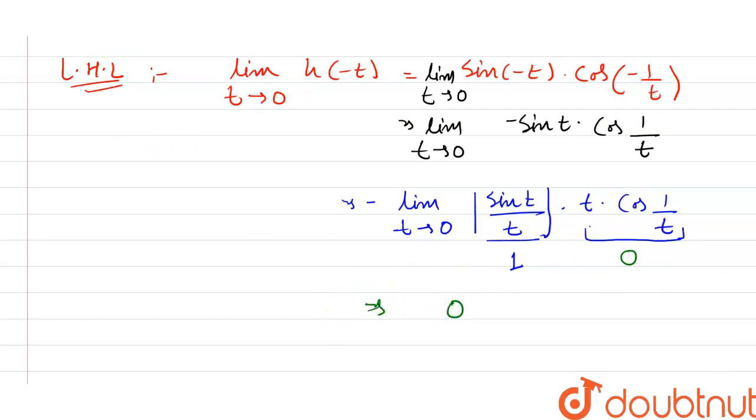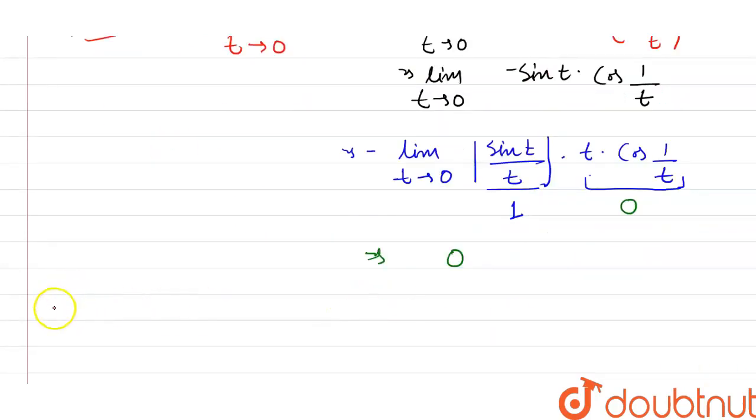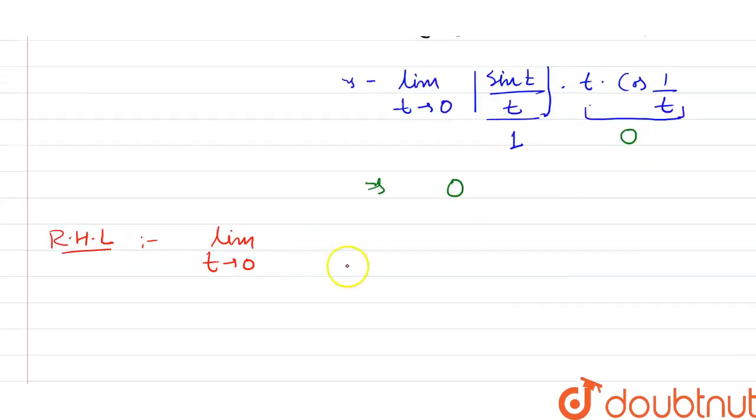Now similarly, if we find the right hand limit, this is equal to limit t tends to 0 of h of t, which is equal to limit h tends to 0 of sin t into cos of 1 upon t.